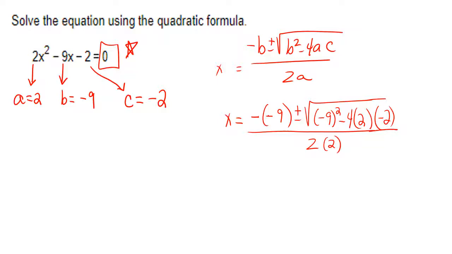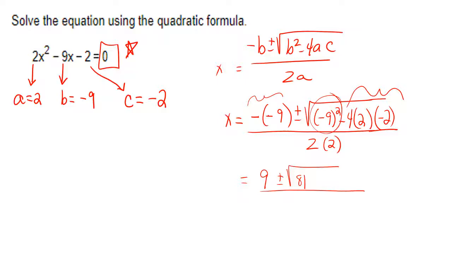Now you simplify. First, notice that the negative becomes a +9. Also notice that 9 squared, 9 times 9, is 81. Now these three values at the back of the radicand, under that radical symbol, will always be multiplied together.